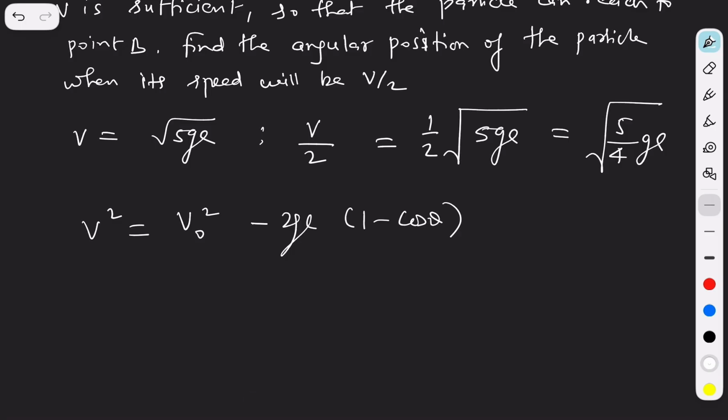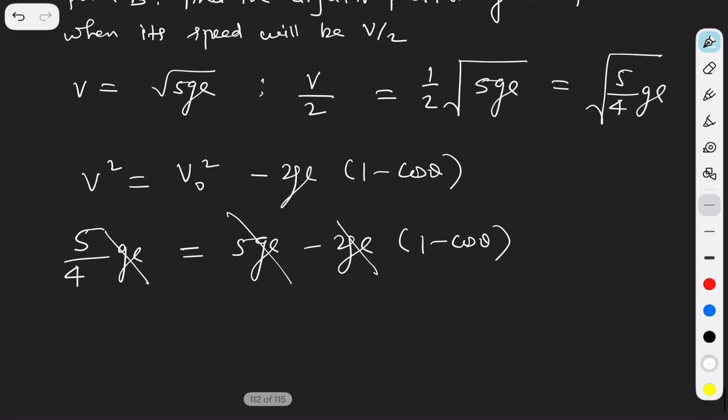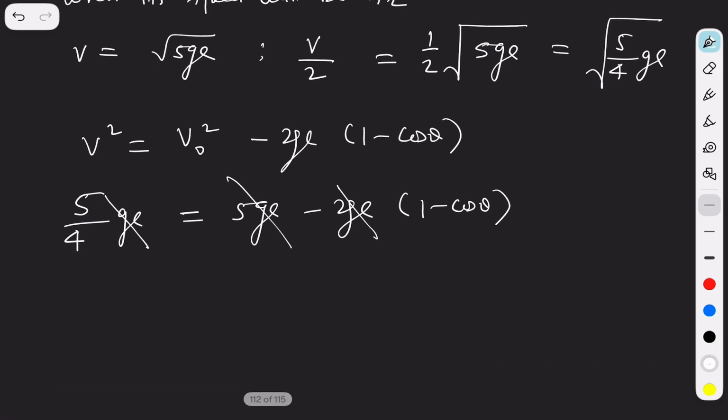So if you see here, V squared will be 5 by 4 gl, and this will be 5gl only, and this is minus 2gl(1 minus cos theta). So gl cancels, and what we are left with is 2(1 minus cos theta) is equal to 5 minus 5 by 4.